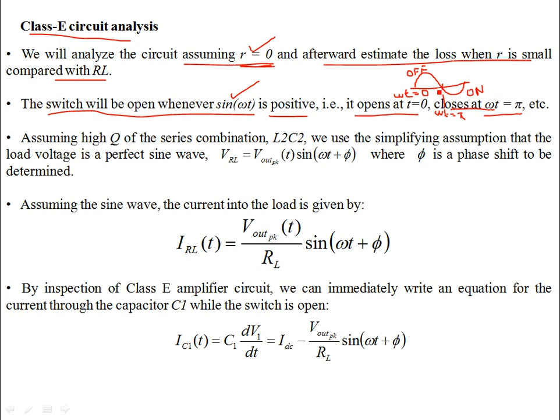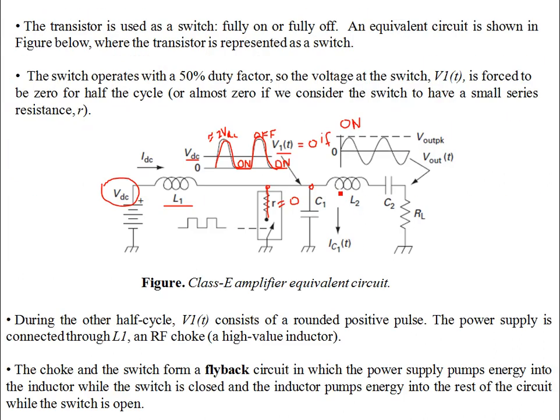Now this trend continues. Now assuming a very high Q of the series L2C2, what it says is that this series LC circuit has a very high Q. The Q for a series RLC circuit is given as omega times L2 divided by RL for this circuit.